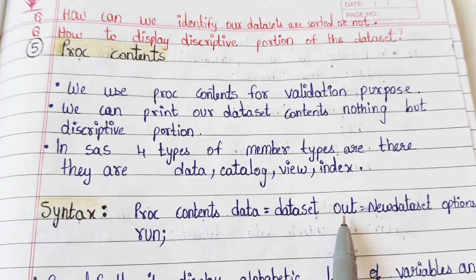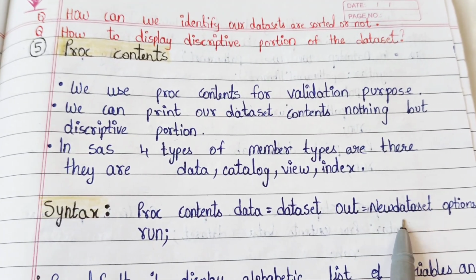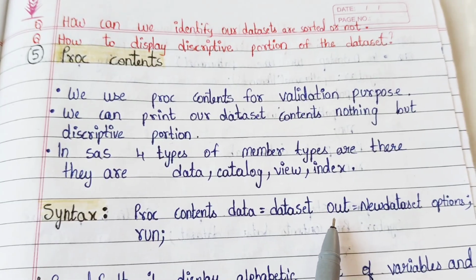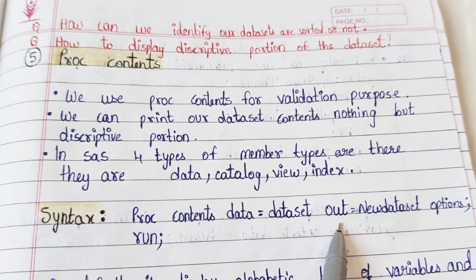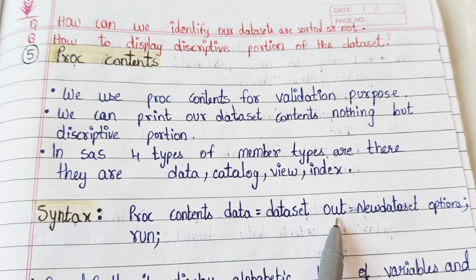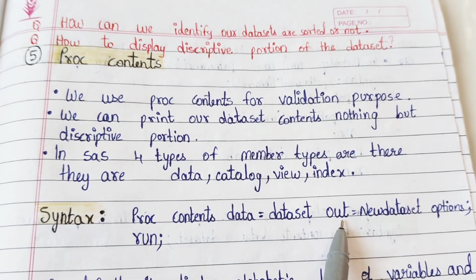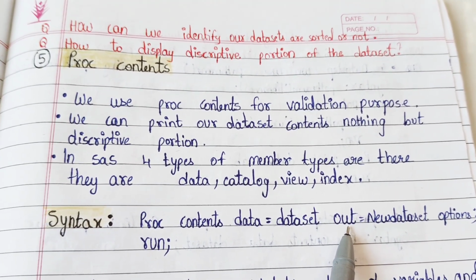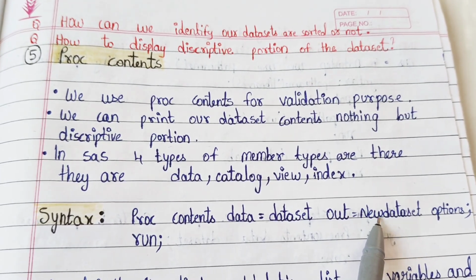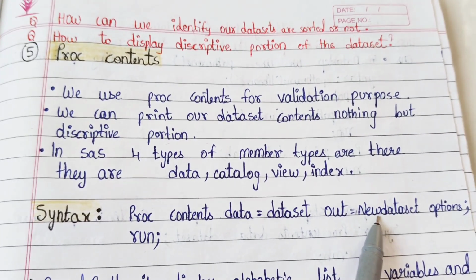The out statement will create a new data set in the proc step. In the data step, which statement is used to create a new data set? The set statement, right? But in the proc step, the out statement is used to create a new data set.